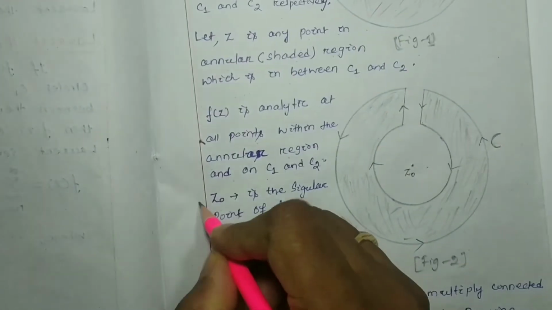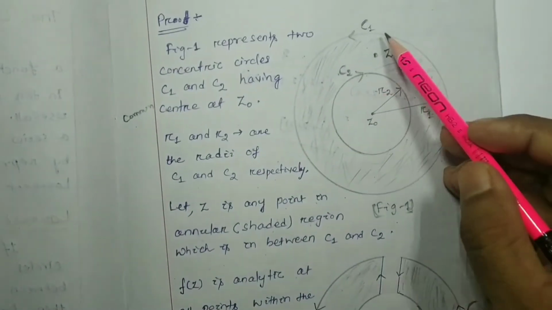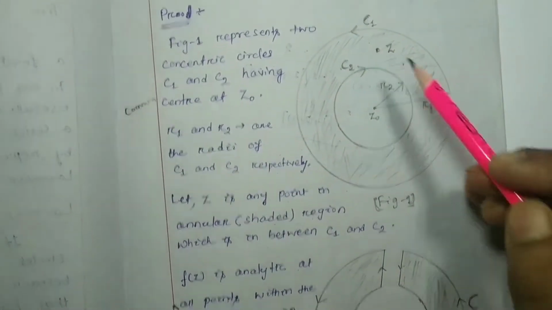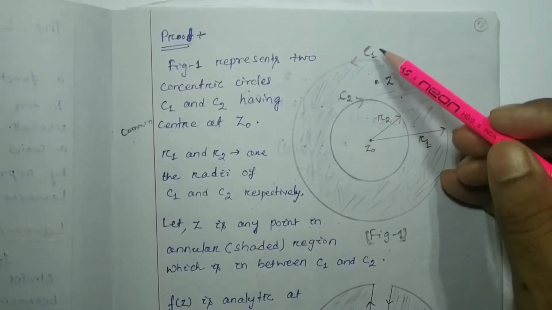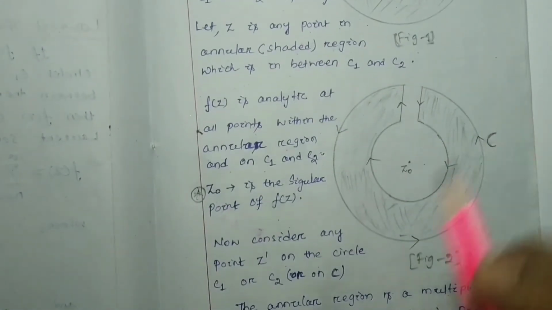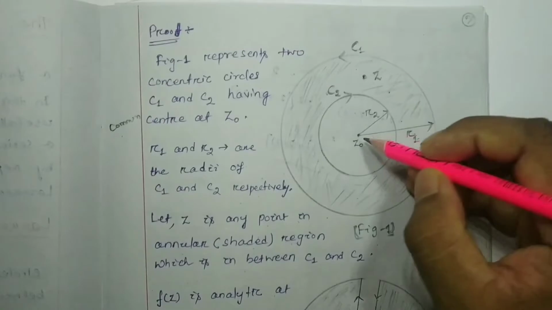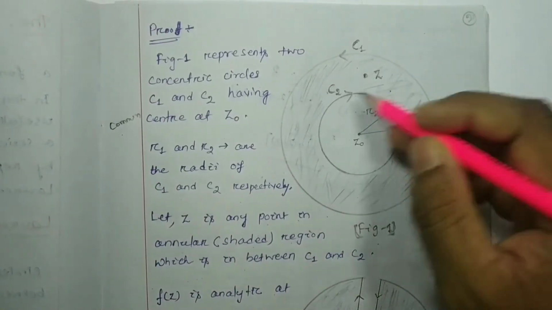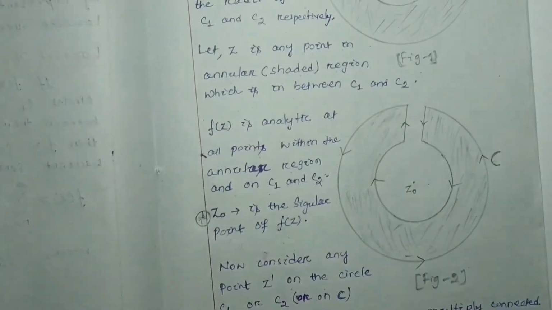This is most important: Z0 is the common center of the C1 and C2 circles. That means the center of C2 and C1 is the singular point of f(z). About this singular point, we are trying to find the series, that is the so-called Laurent series.